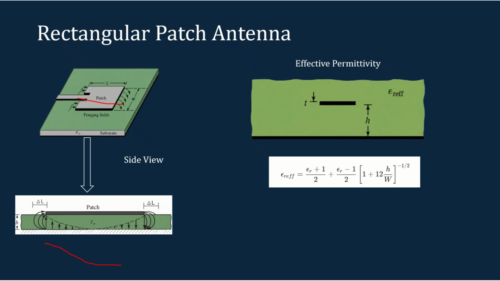At this end the field is going from the ground to the patch, and at this end it is coming from the patch to the ground plane. At these ends the fields are going inside the dielectric and through the air. So in effect it is propagating through the dielectric and the air.